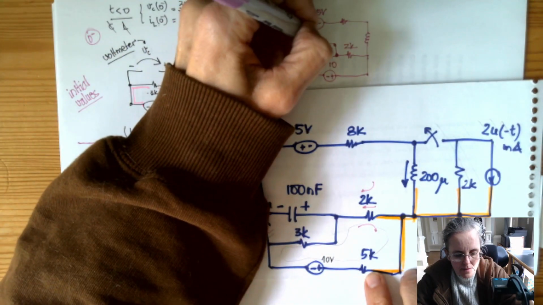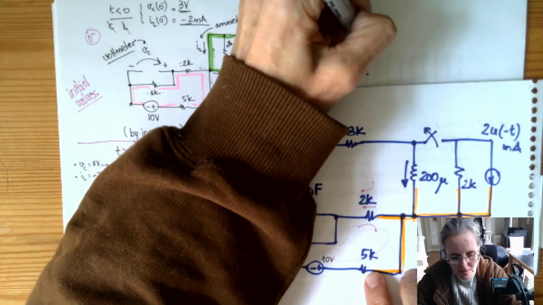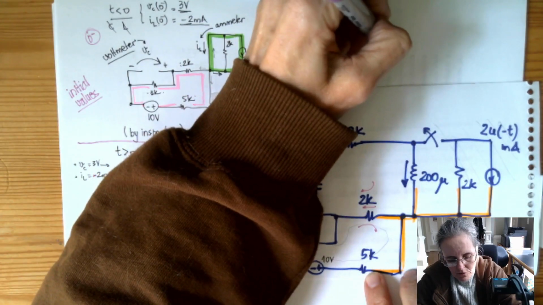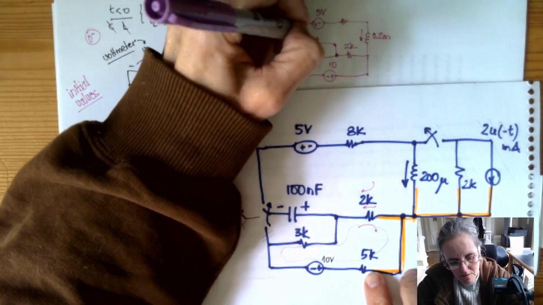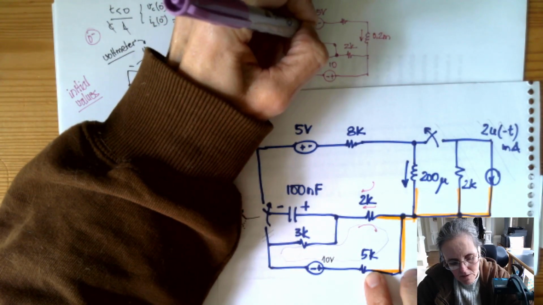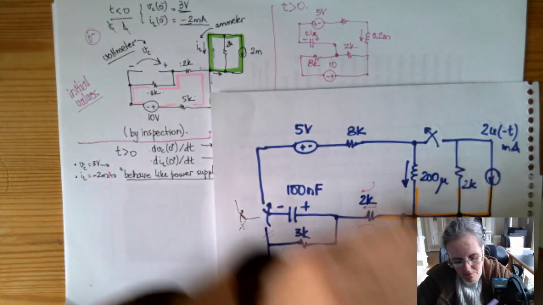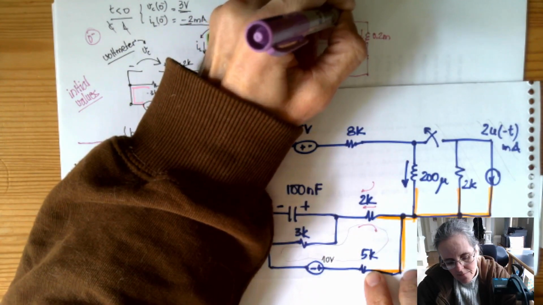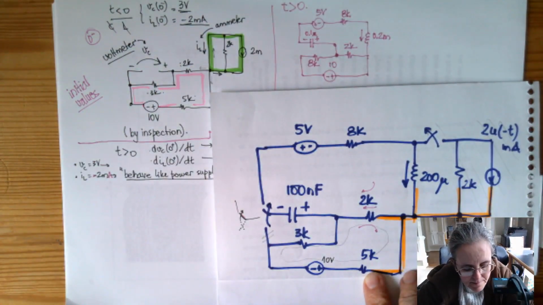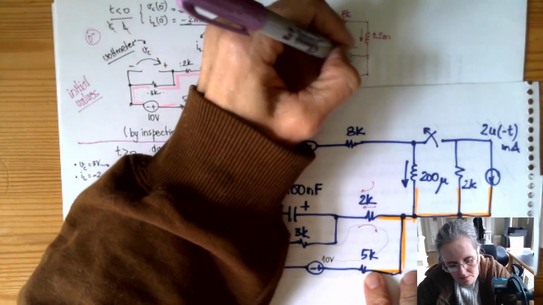This is minus and this is plus, and the current's going down. This is 0.2 milli, this is 0.1 micro, which is 10 to the minus 7, and this is 8K. And this is 10 volts.